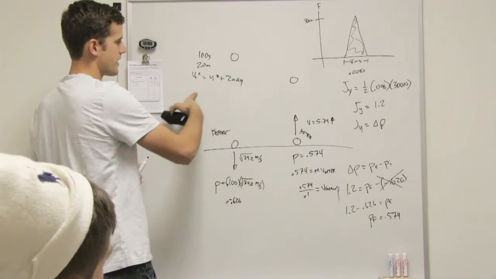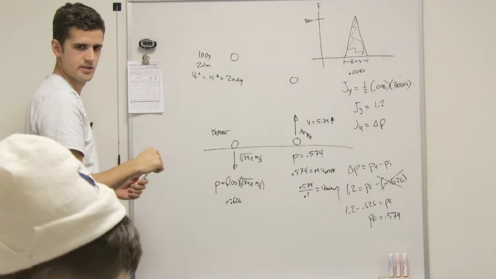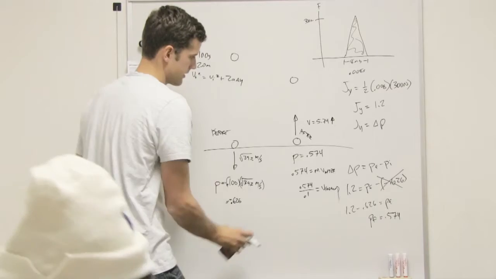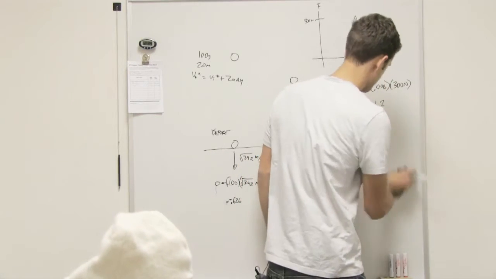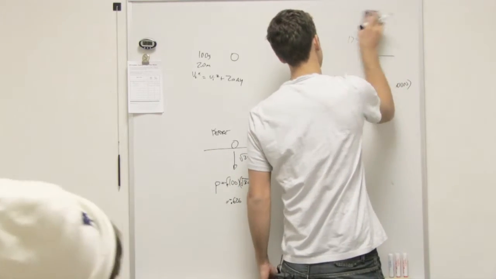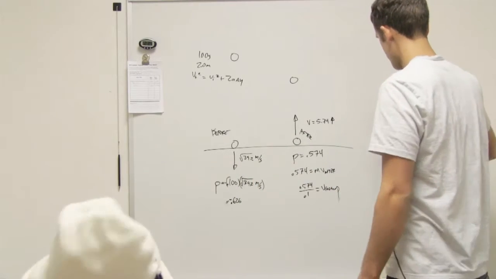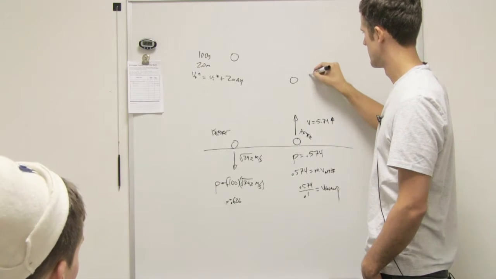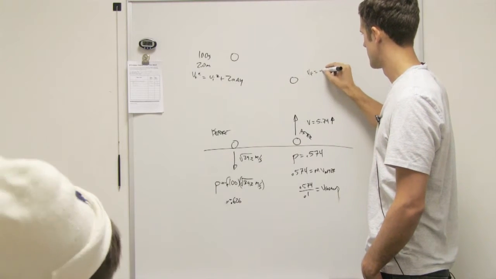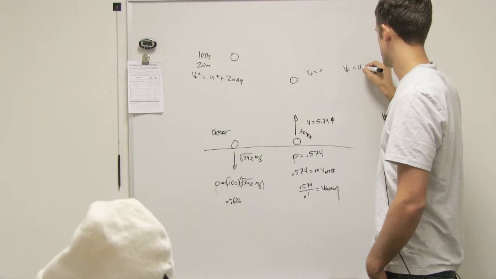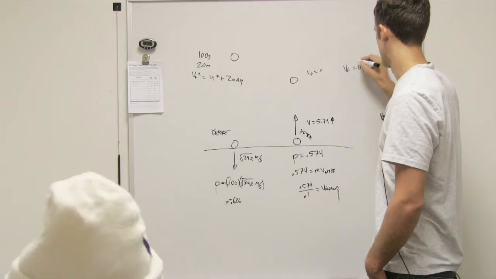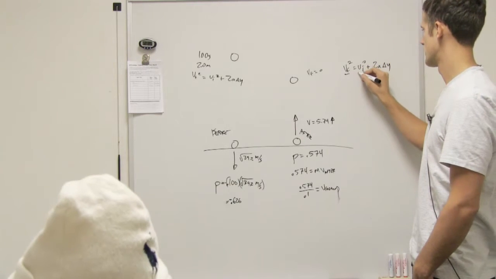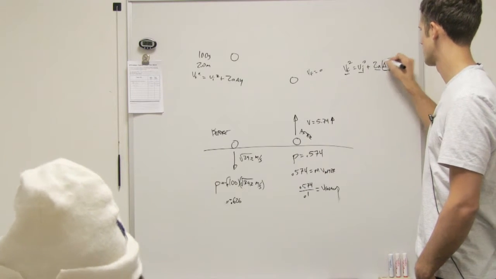And then how do you find out how high it will go? So we use this equation, right, to find out how fast it would be going when it hit the ground. Okay. Now we can actually use it to get rid of all this stuff. How fast will it be going when it gets to its highest point? 0. Okay, so V final squared equals V initial squared plus 2A change in Y. We know this, we know this, we know those, and this is what we're looking for.